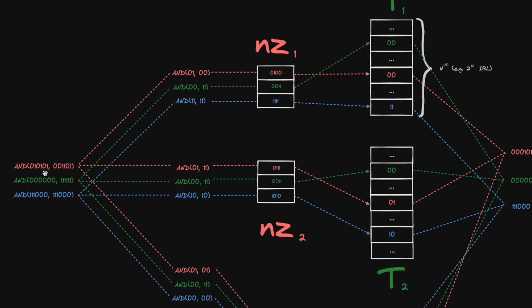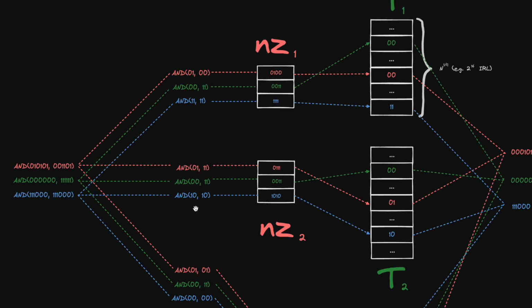The first one has the operands 010101 and 001101, but we can break the left and right operand into 2 bits each. The first 2 bits of the left operand are 01, and the first 2 bits of the right operand are 00. So that's why we have this right here. And in total, we're going to be breaking it into 3 chunks.